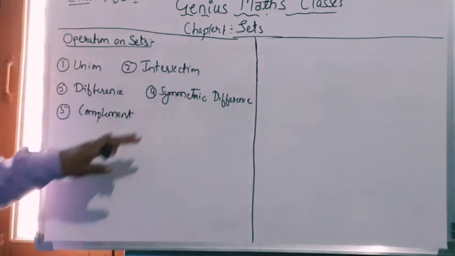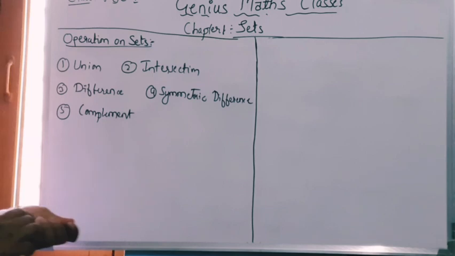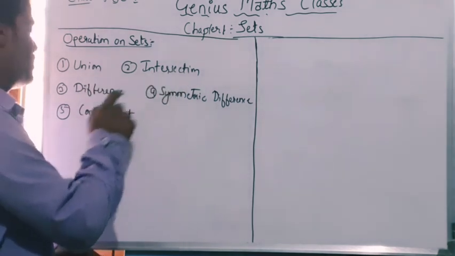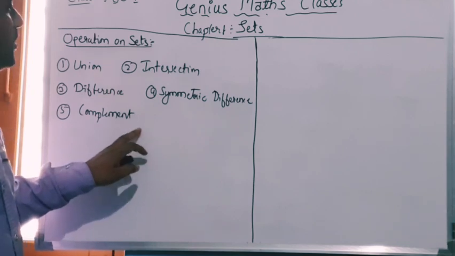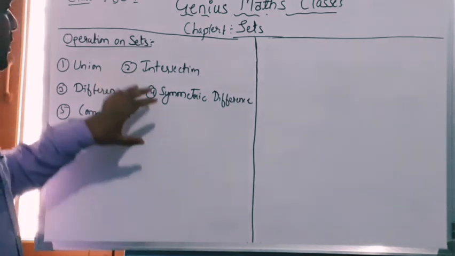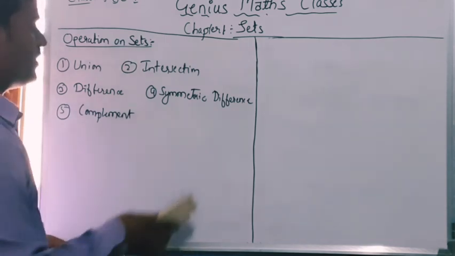So these five operations we are studying with sets: union, intersection, difference, symmetric difference, and complement of sets. These are very important operations on sets. So let us discuss one by one.